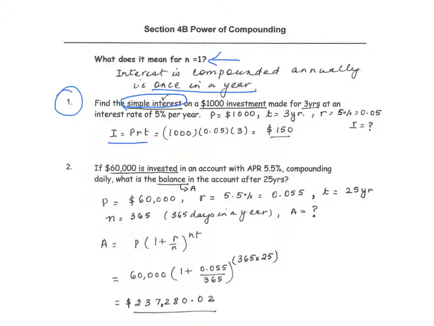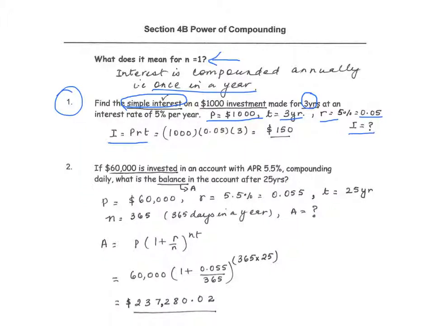We know what the letter P stands for. It's the amount that's deposited into the account, and it's equal to $1,000. T is the time in years, so that would be 3 years. The rate is 5%, which is 0.05.